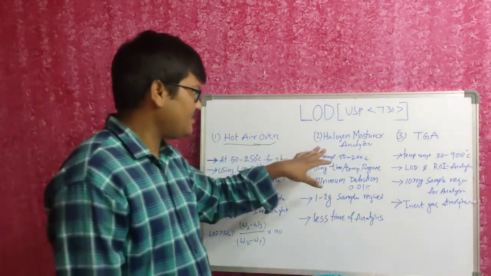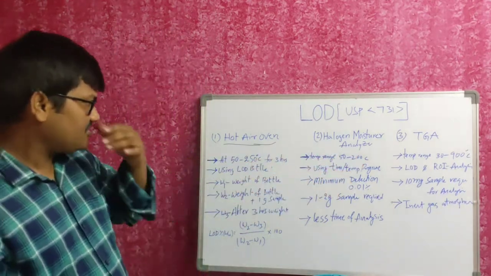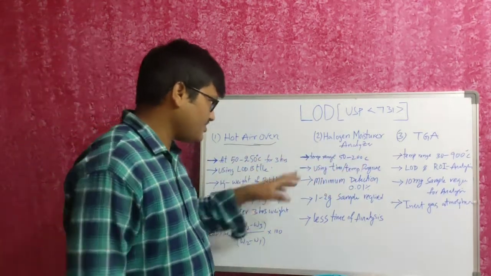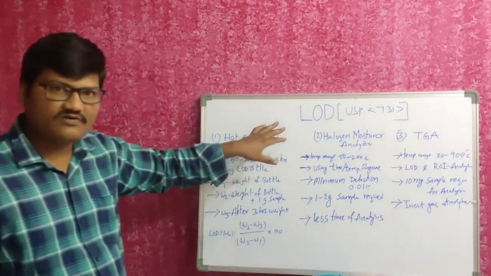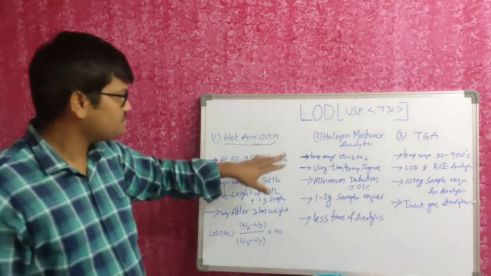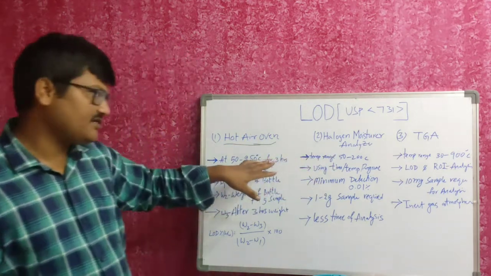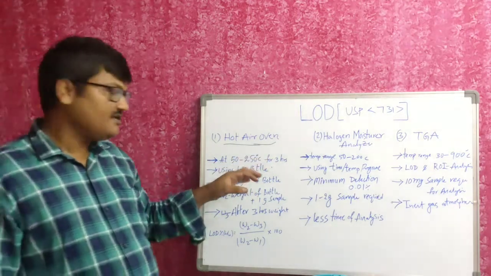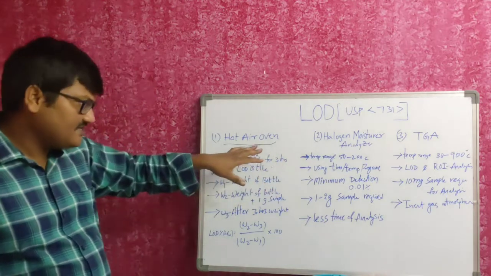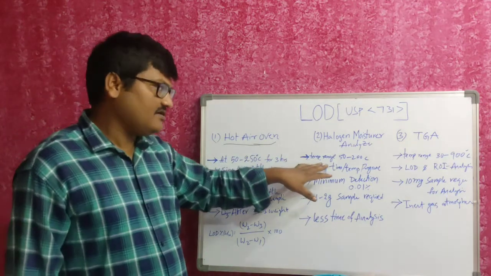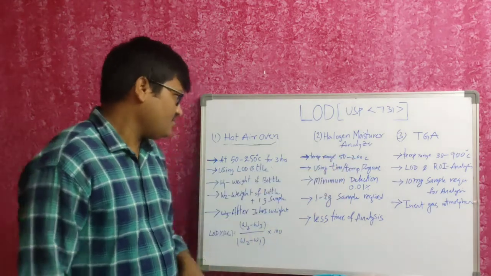The second one is the halogen moisture analyzer. This is an instrumental technique used for the measurement of loss on drying. Here a halogen lamp is used for generating the temperature required for evaporation.